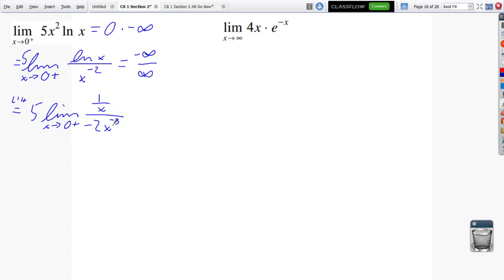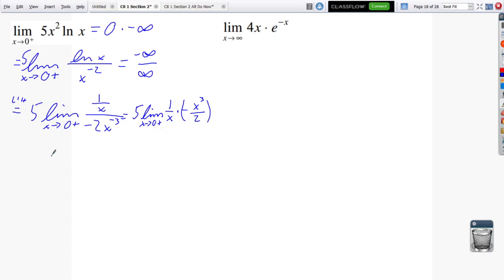Again, I don't want to keep doing L'Hopital's rule here because I will enter a never-ending cycle. So this would be 5 limit x approaches 0 from the right, 1 over x times negative x to the third over 2. That 2 has to stay in the denominator, by the way.